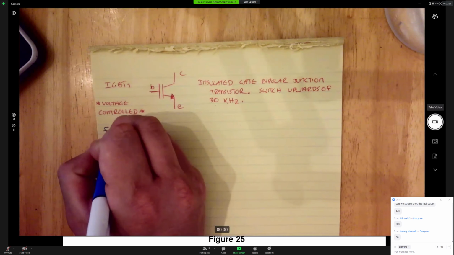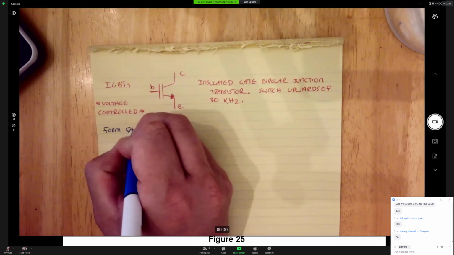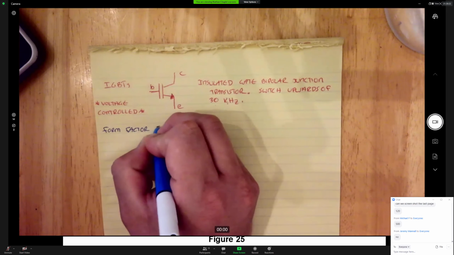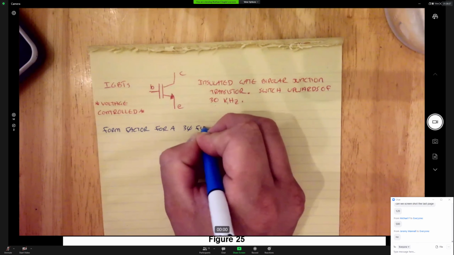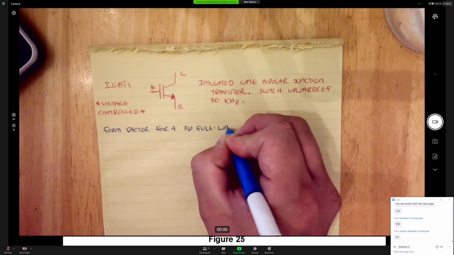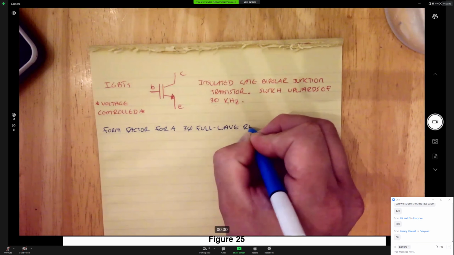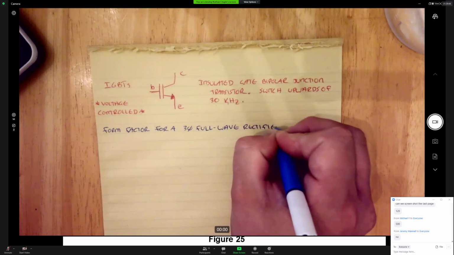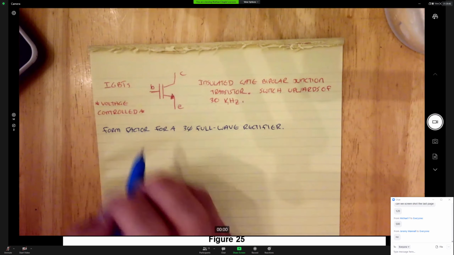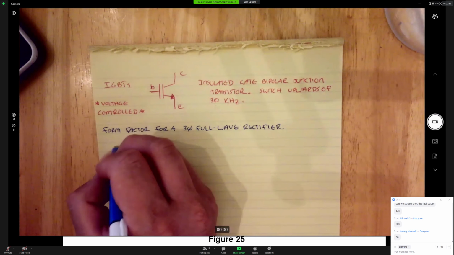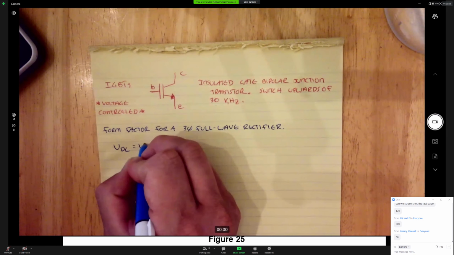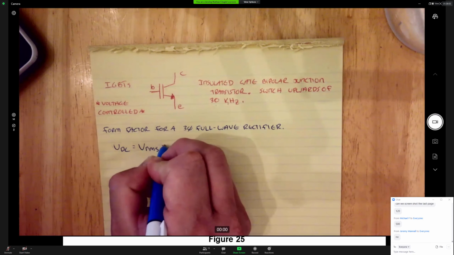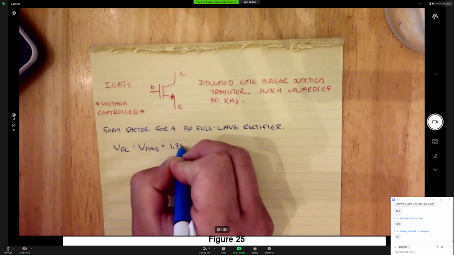So form factor, you'll remember when you see it, I'm sure, for a 3-phase full wave rectifier. I'll represent it a little bit differently. I will simply say that the DC voltage is equal to the RMS voltage times 1.35.